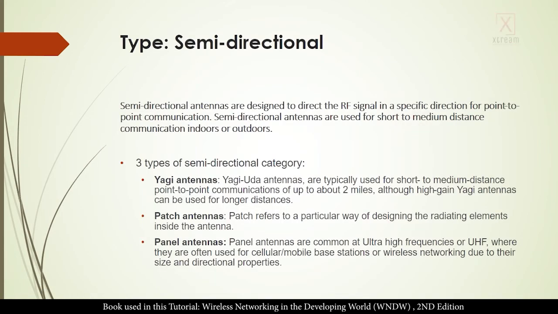Now we have another type of antenna, that is semi-directional. Semi-directional antennas are designed to direct the RF signal, or radio frequency signal, in a specific direction for point-to-point communication. They are used for short to medium distance communication, indoors or outdoors. In semi-directional antennas, the beam width is a little wider than the directional antennas.